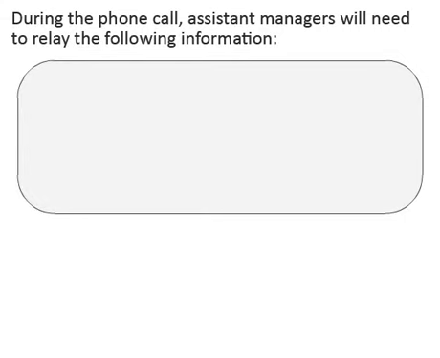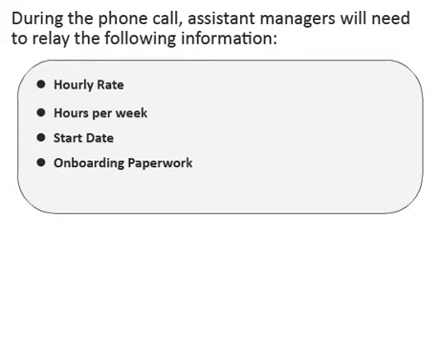Assistant managers need to make sure to relay the following information to the applicant: the hourly rate they will be paid, the number of hours per week they can expect, what day to come in to complete the hiring process and start their first day at work, the onboarding paperwork they are required to complete prior to their start date, and the requirement to bring in documentation on their start date to establish employee authorization and identity for the I-9 form.